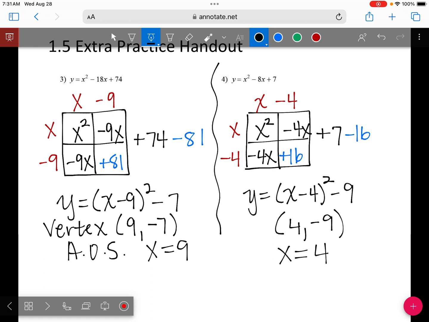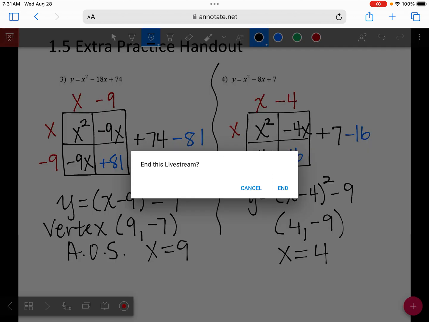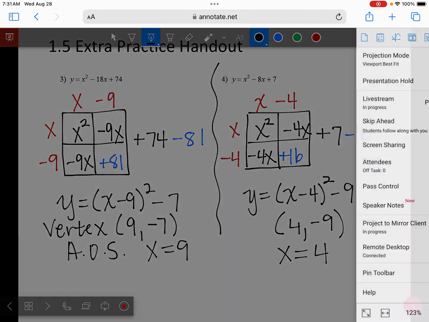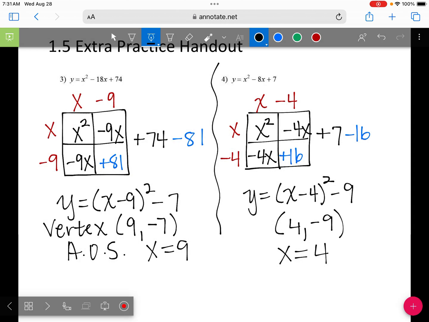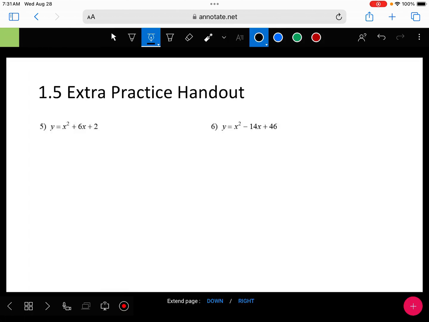And the axis of symmetry is at x equals 4. All right, last two is 5 and 6, and then we'll be done for today. Well, not done for today. You're going to start your homework.